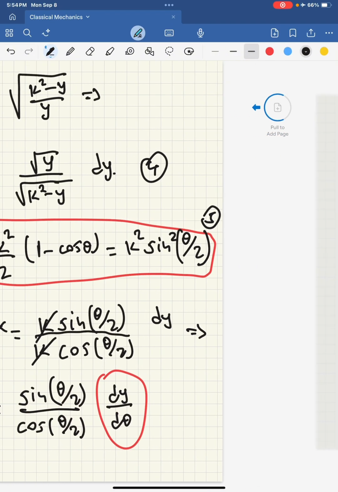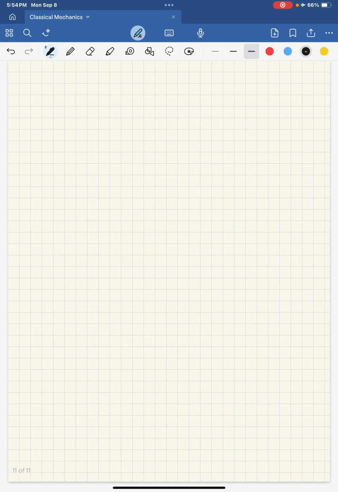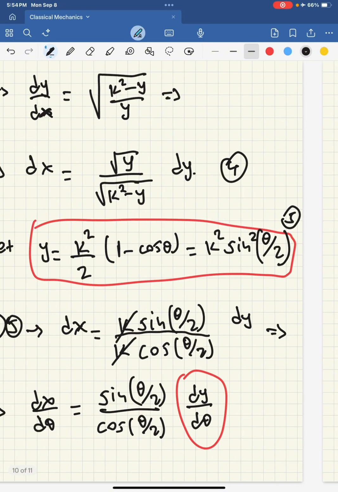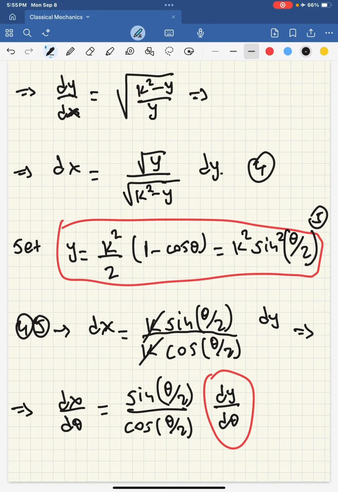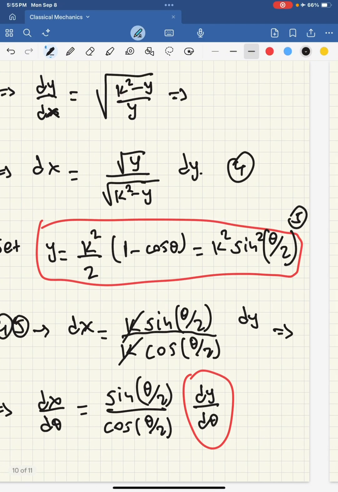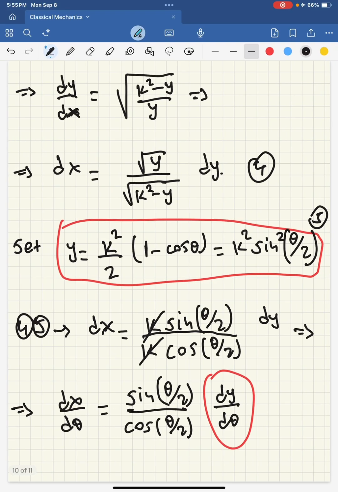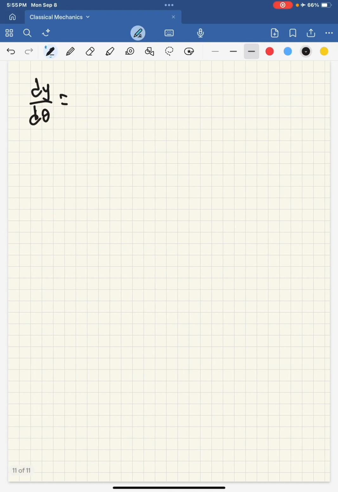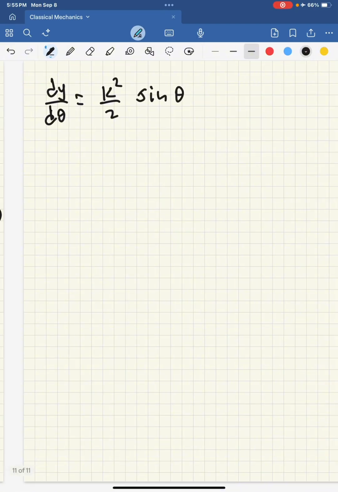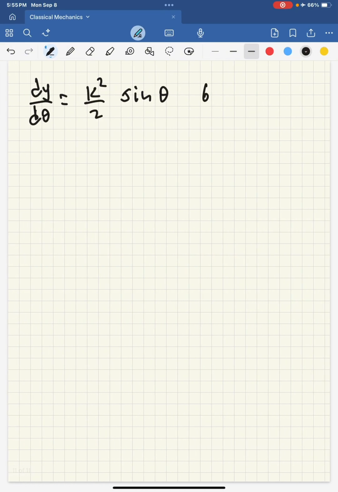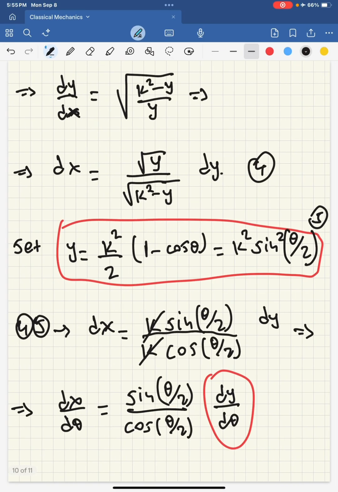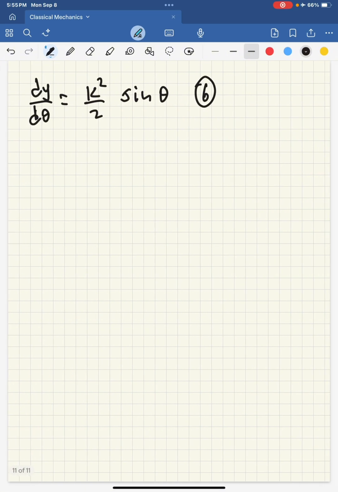So dy over d theta is simply, what is it? If we use 1 minus cosine theta, we find k squared over 2 times sine theta. Okay, and this is equation 6. Now, from 5, this equation 6, let's name this equation 7.